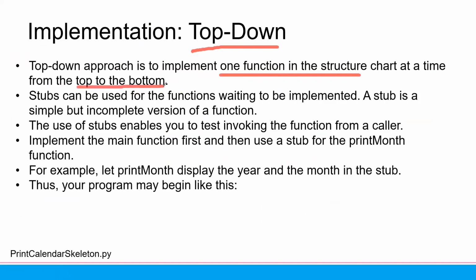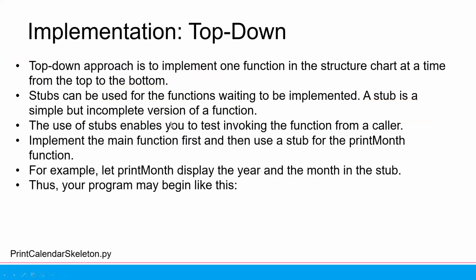I just create the function names without the implementation. After we have the function names, stubs can be used for functions waiting to be implemented. A stub is a simple but incomplete version of a function.